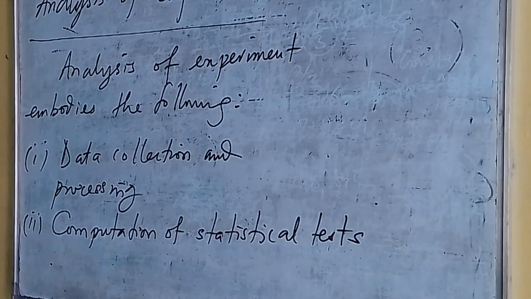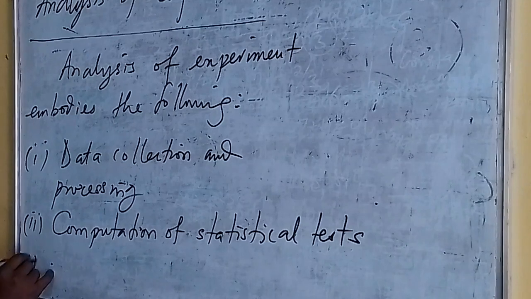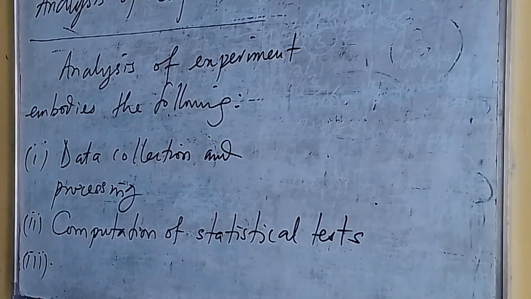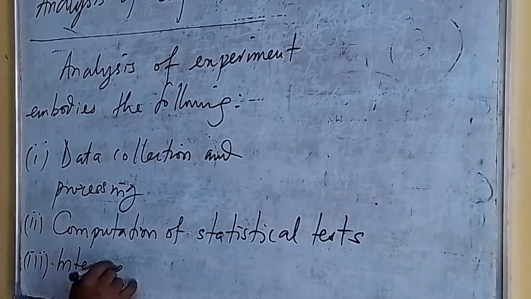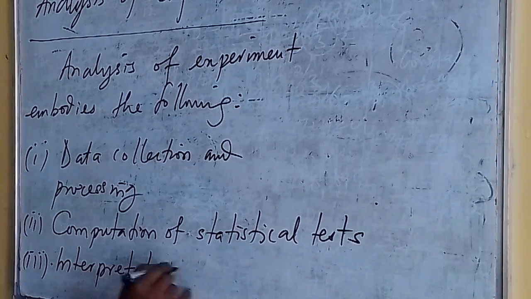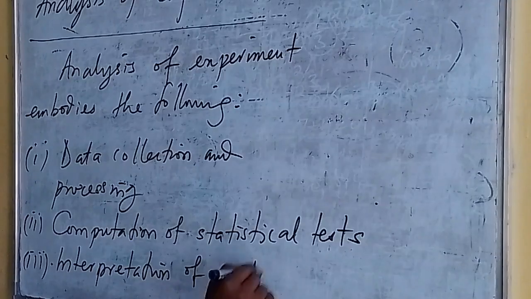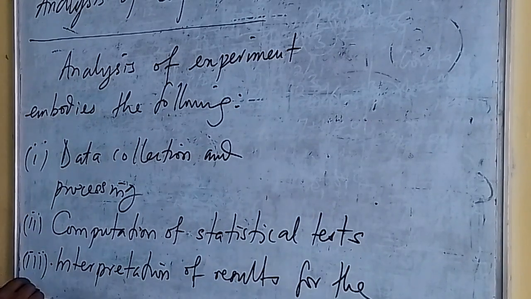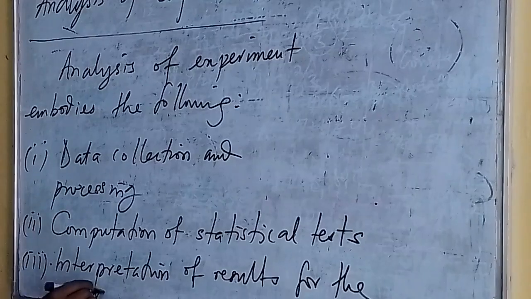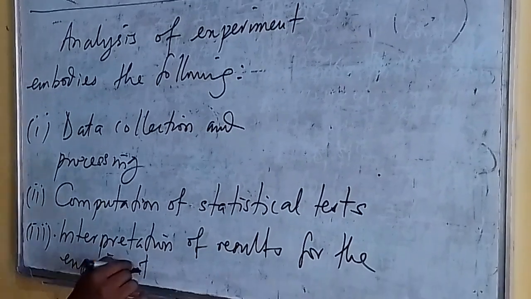Okay? So the third and final thing in the analysis of experiment is the case of interpretation of results for the experimenter.